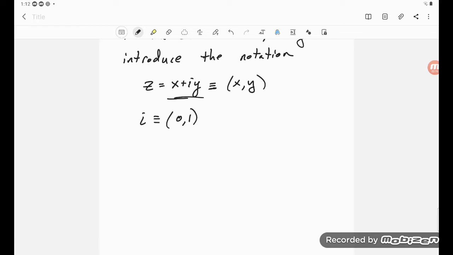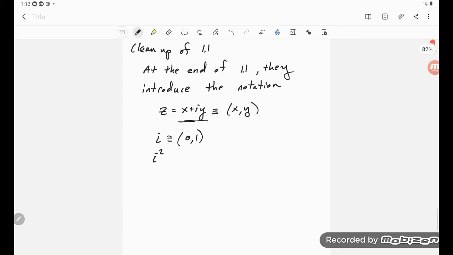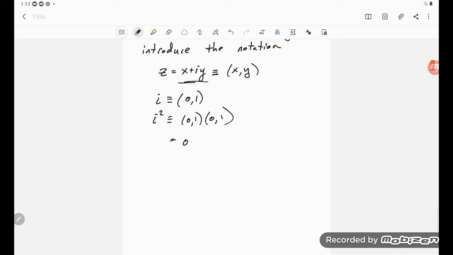and now notice, if I do i squared, okay, so i squared then would be my (0, 1) times (0, 1), and then by my definition, that would be 0 times 0 minus 1 times 1, and then 0 times 1 plus 0 times 1.